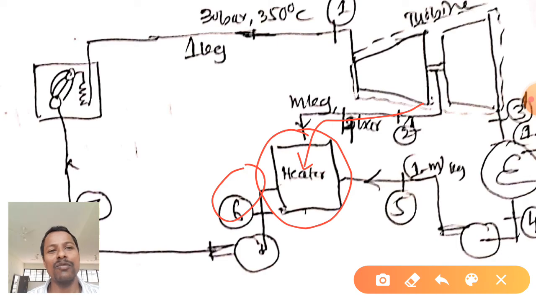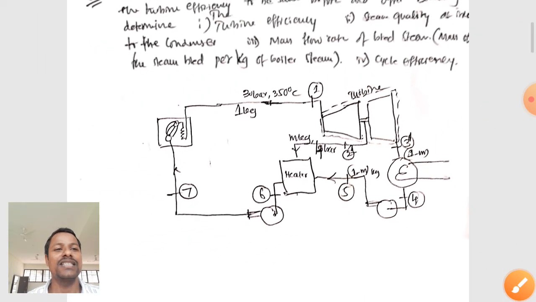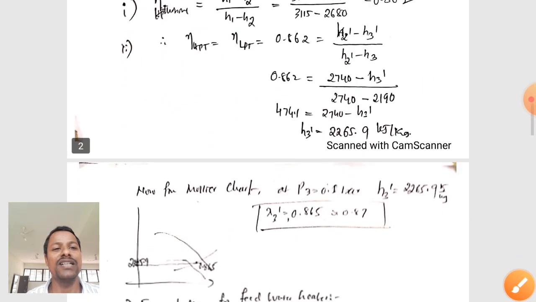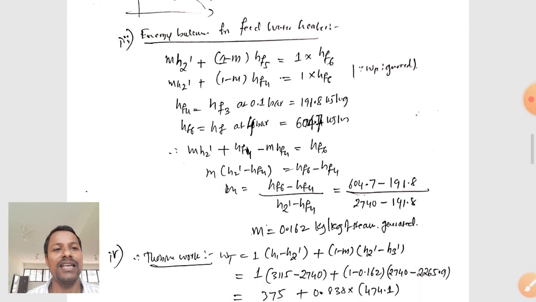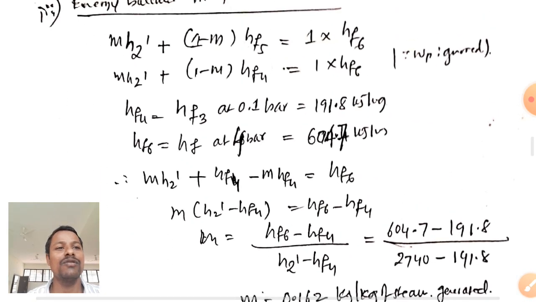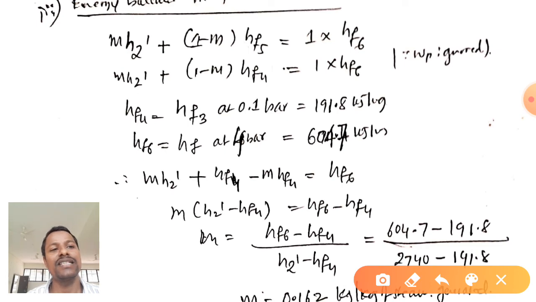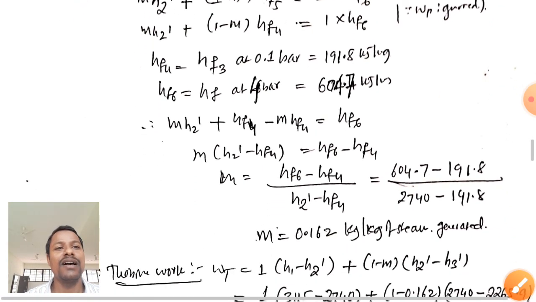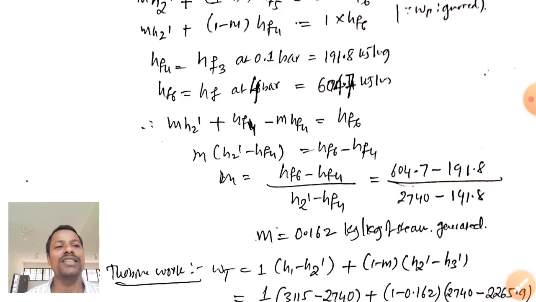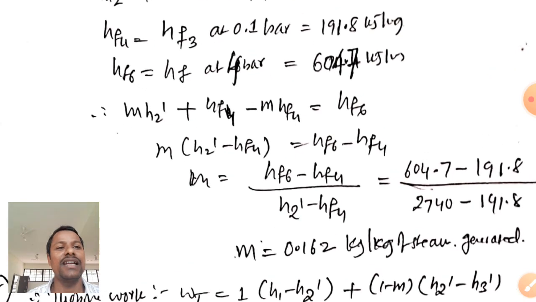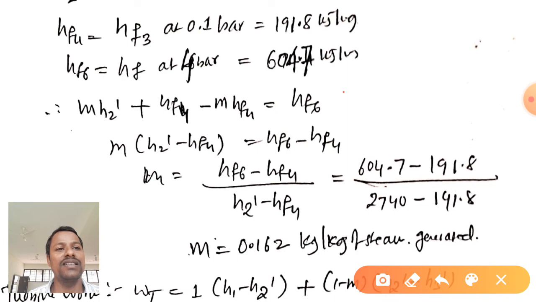So at 4 bar pressure, what is the HF value? That will be considered for HF6. If I refer to the steam table, this is the value that we get, that is 604.7 kilojoule per kg.